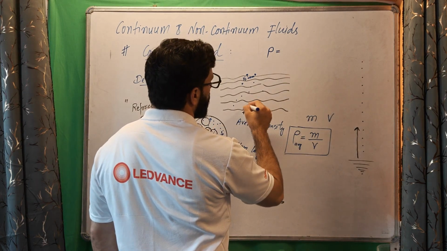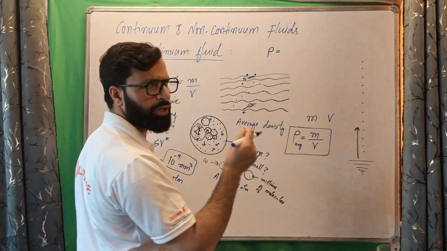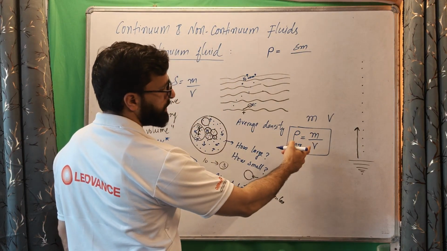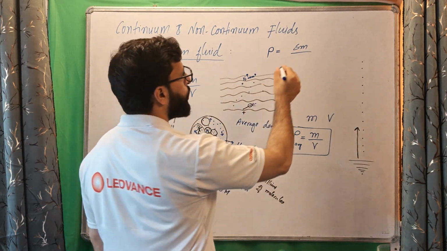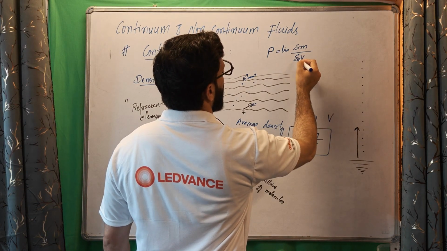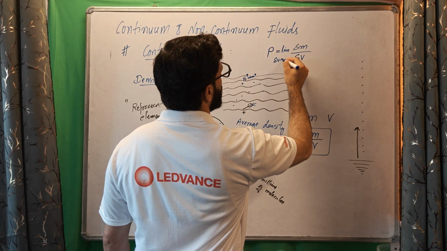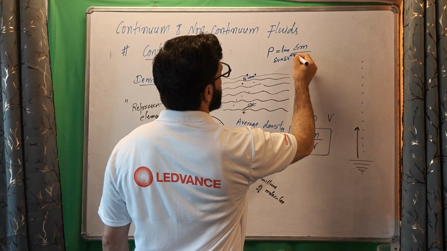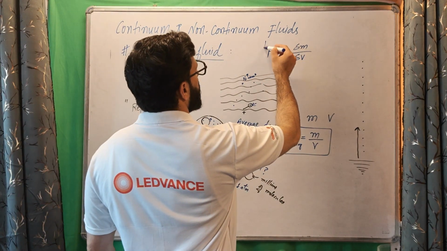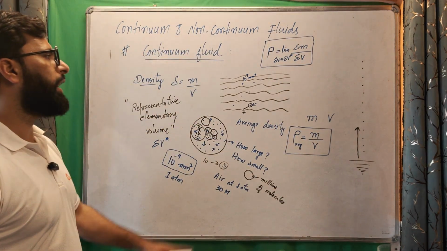The whole mass is m, that volume's mass is small, so delta m, divided by the whole volume v, and that volume is small, so delta v. And we know the limit, how small this delta v is. The limit of delta v approaches delta v elementary. So this becomes the definition for density at a point in a fluid.